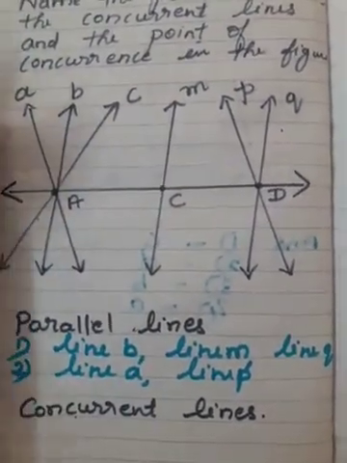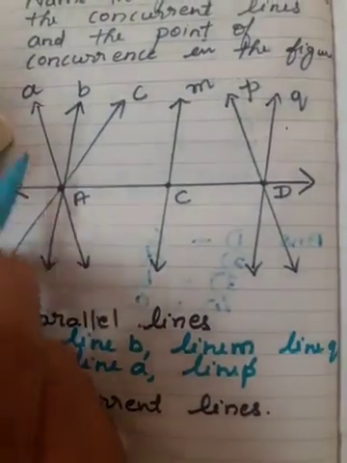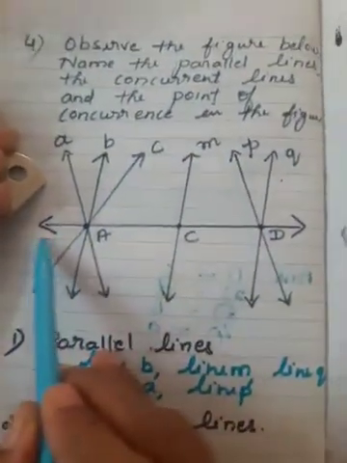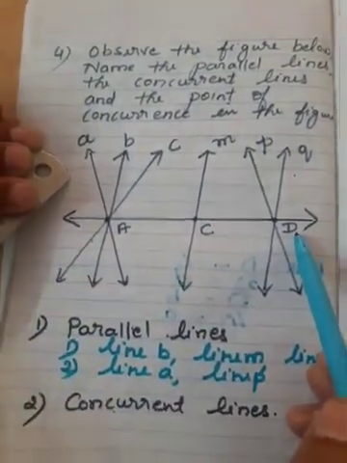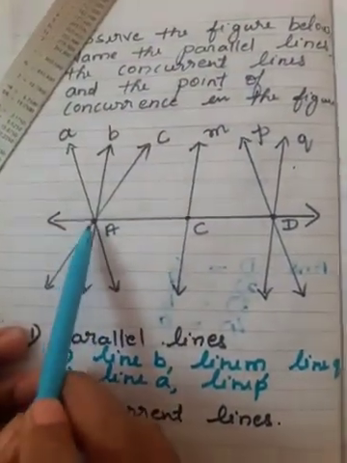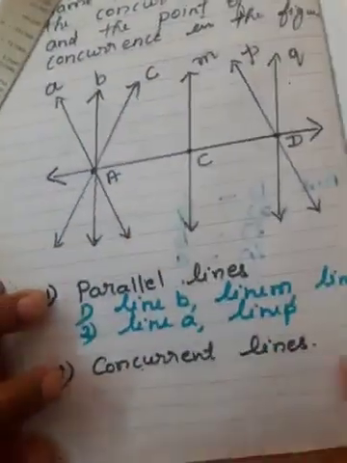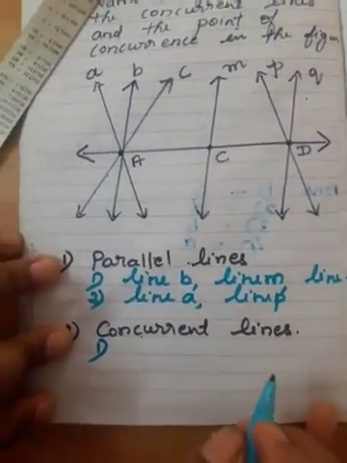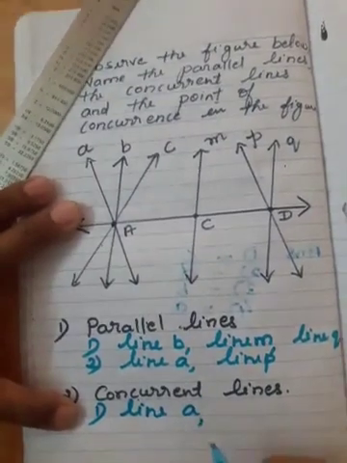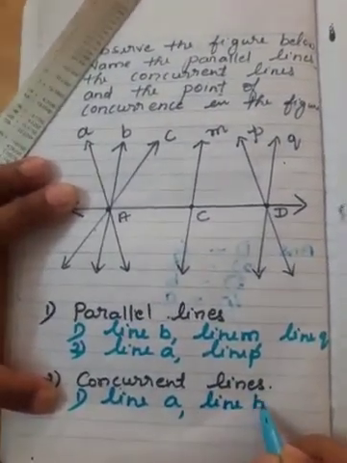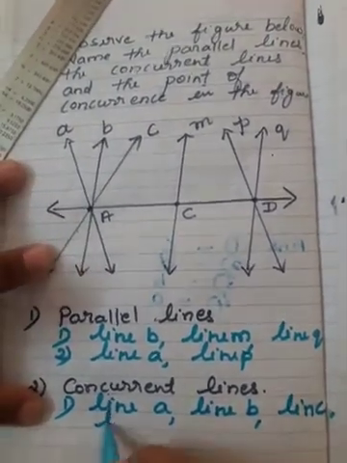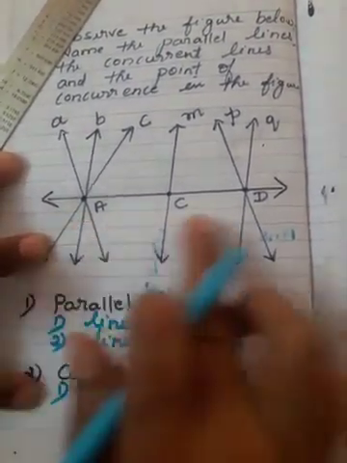So which are the concurrent lines here? Line A, line B, line C and line AD are the concurrent lines, and their point of concurrence is point A. Understood? The first set of concurrent lines are line A, line B, line C and line AD.